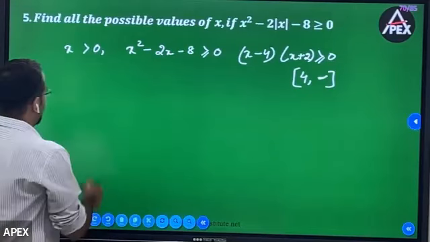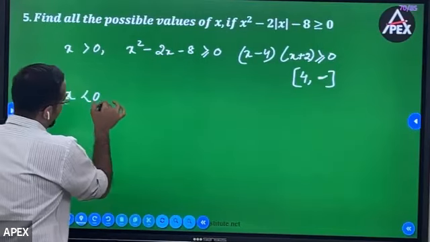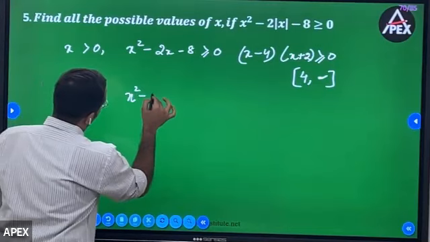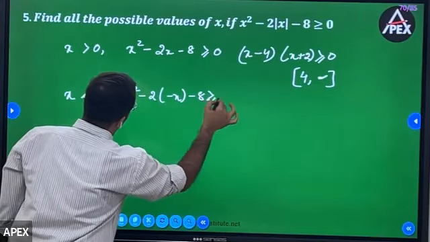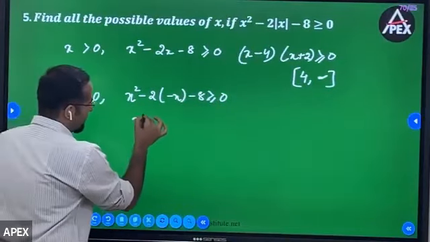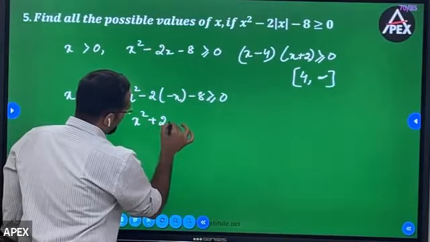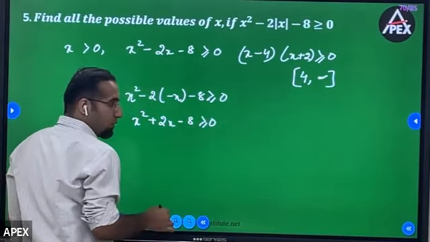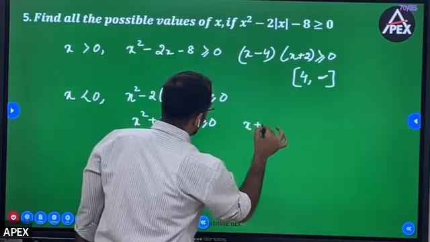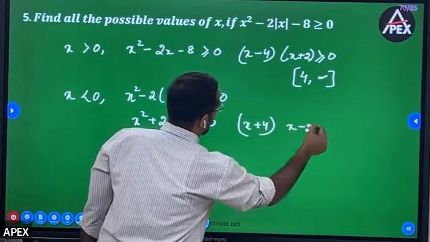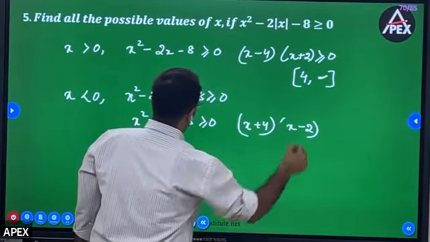Similarly, the opposite side, x less than 0. This becomes x square minus 2 times of minus x minus 8 is greater than or equal to 0. So this becomes x square plus 2x minus 8 will be greater than or equal to 0. If you solve this, you get x plus 4 into x minus 2 is greater than or equal to 0.